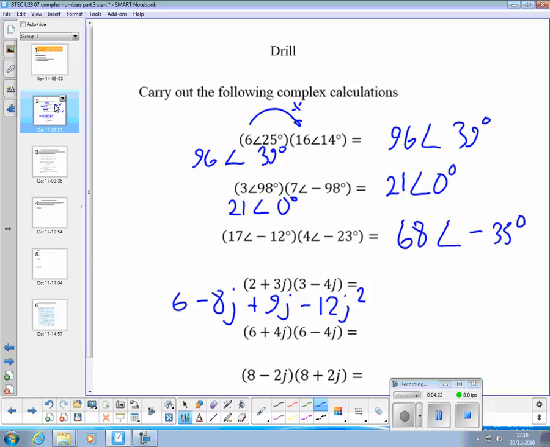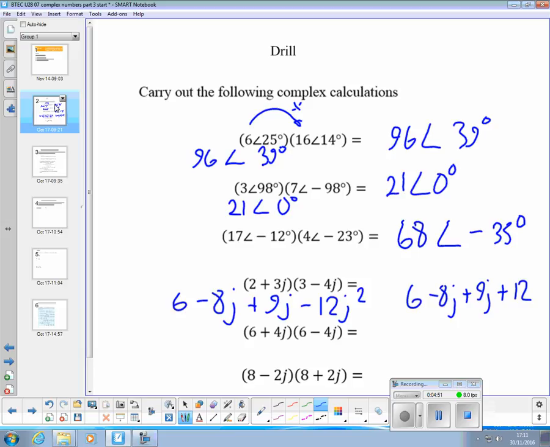Minus 12 times minus 1. So the j squared disappears. What it becomes is 6 minus 8j plus 9j plus 12, because the j squared changes the sign of that last coefficient.